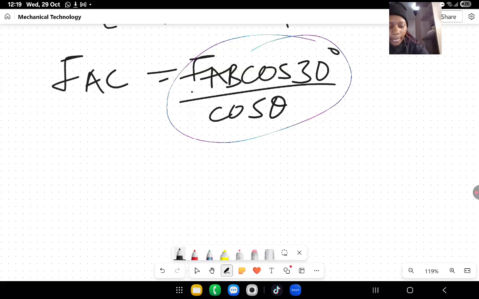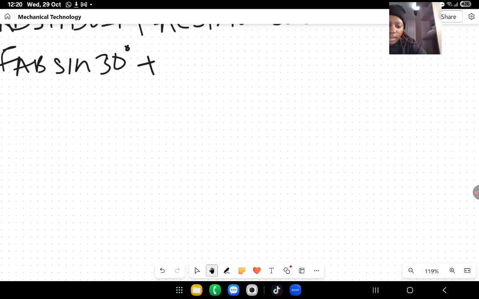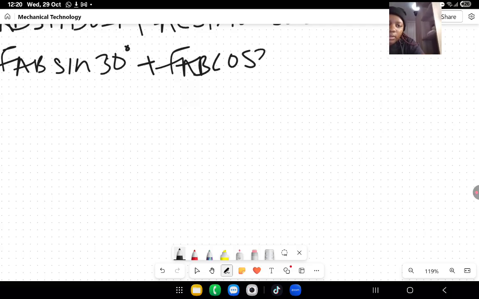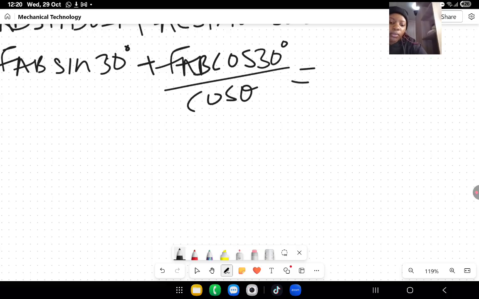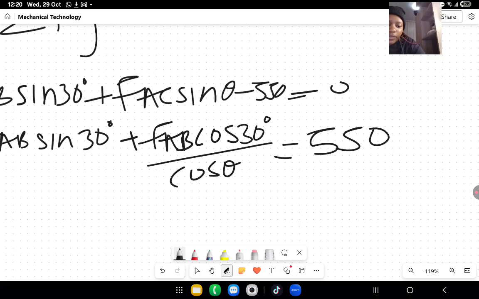So we will go back and say plus FAB cos 30 over cos theta equals, so we take the negative 550 to the other side, which will be positive 550.